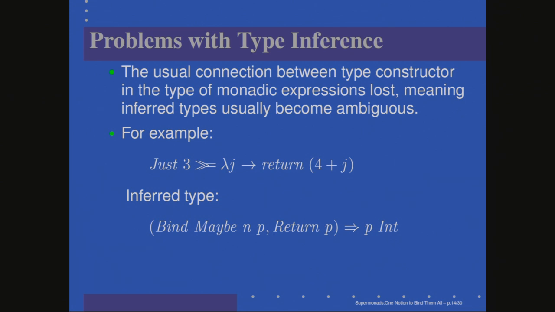We have this thing of type p Int, where p has to be in the class Return, and then we have this Bind Maybe n p that must also hold. And the problem, of course, is that maybe later this p will be constrained to something concrete, but there is no hope at all for the n, right? So GHC will refuse this.